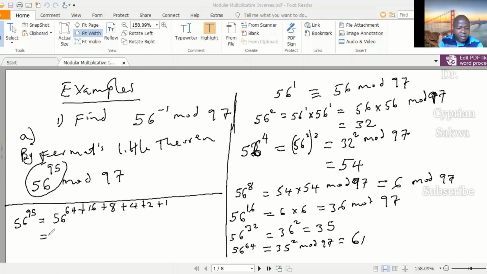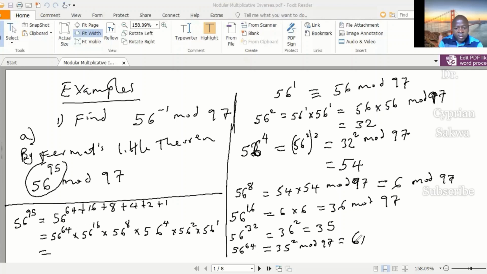And so what this means is I have 56 raised to 64. See how we added the powers there. So originally, before adding the powers, it was this times 56 raised to 16 times 56 raised to 8 times 56 raised to 4 times 56 raised to 2 times 56 raised to 1. And I know what 56 raised to 64 is.